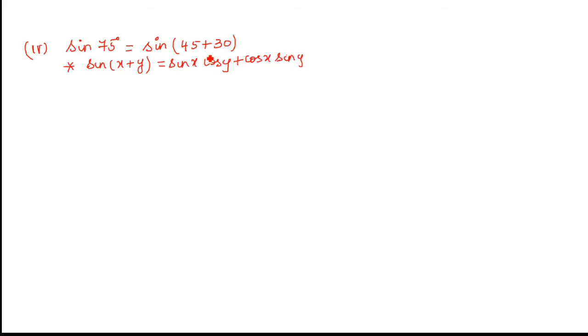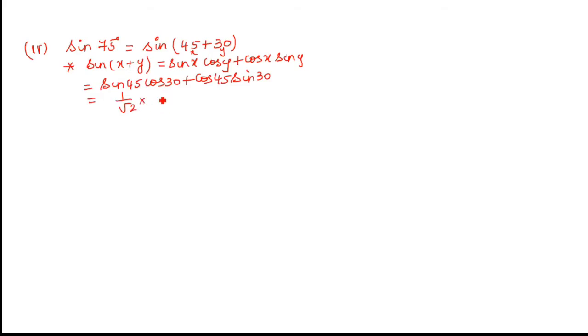So x is 45, y is 30. So therefore this will become sin 45 cos 30 plus cos 45 sin 30. Substitute. Sin 45 is 1 by root 2.